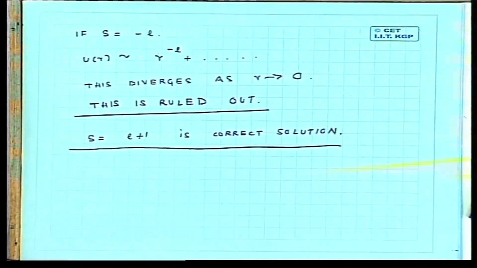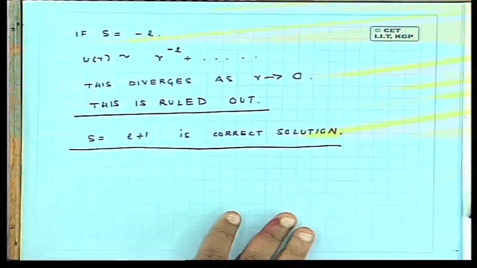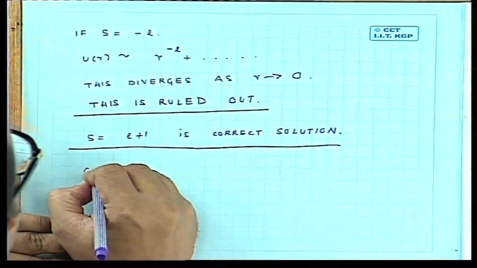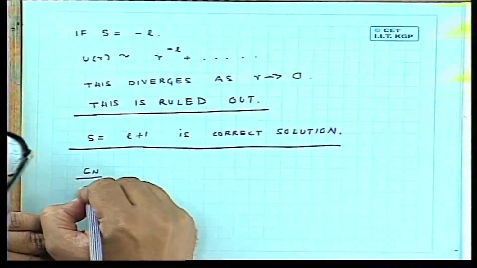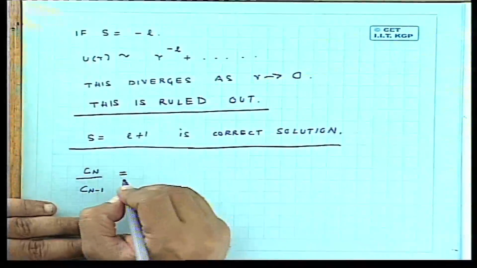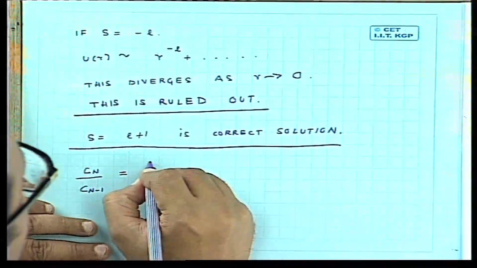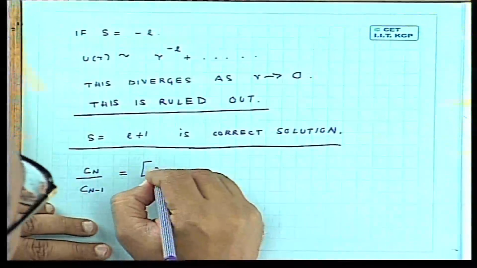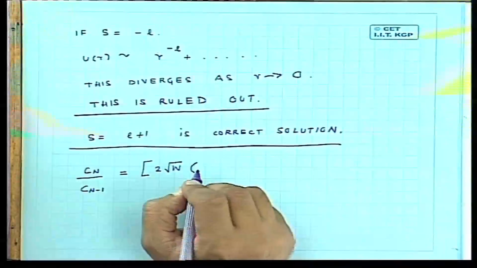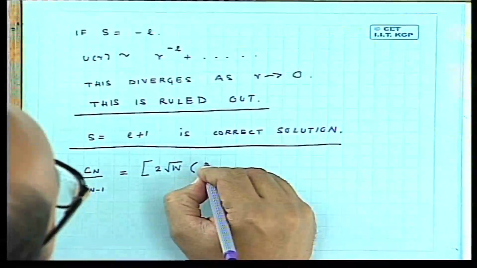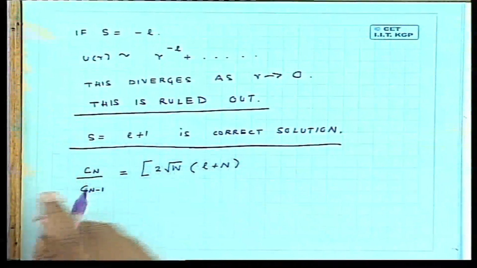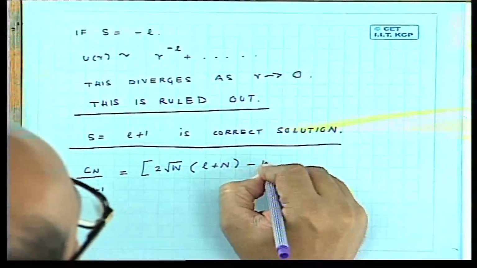So what does the recursion relation finally stand to? The recursion relation then is Cn by Cn minus 1 is equal to 2 square root of w, S is equal to L plus 1, so this becomes (L plus n) minus k.